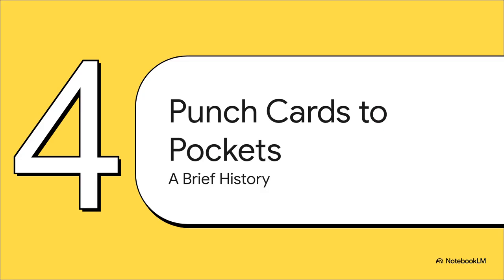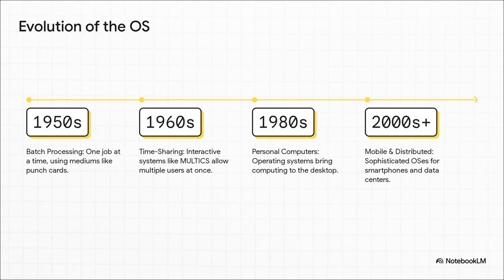Of course, this incredible capability wasn't just built overnight. It's the result of decades of innovation. So let's take a super quick look at how we got from the earliest computers to the powerful devices we all have in our pockets today. Way back in the 1950s, computers ran one job at a time, in a batch. You'd literally hand a sack of punch cards to an operator and come back hours later for your printout.